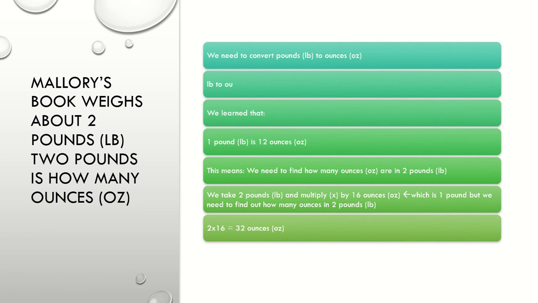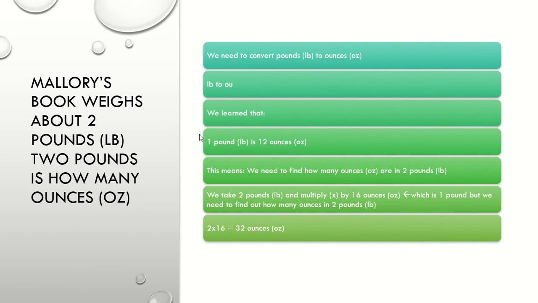So we call that converting, and we're going to convert pounds to ounces. Here I wrote the abbreviation LB to OU, which LB is pounds and OU is ounces.